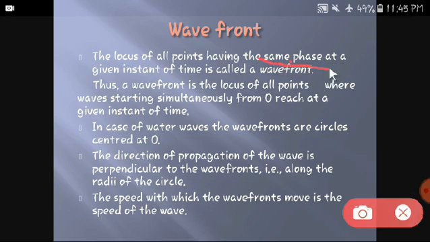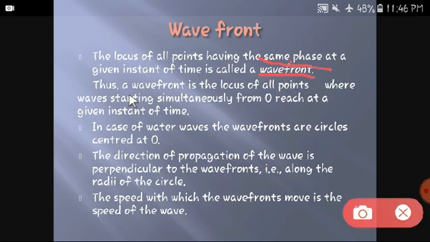When we say two particles are in phase, they are in the same state of motion. They have the same velocity and displacement, both are the same. So we collect all the points which are in the same phase, and the locus which is drawn is nothing but the wavefront.